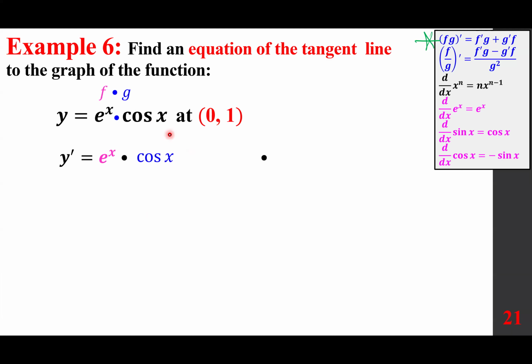So plus the parenthesis negative sine x times f, which is e to the power of x. And we can factor the e to the power of x out, we get cosine minus sine. So y prime is e to the power of x, parenthesis cosine x minus sine x. This is the derivative function, everybody.